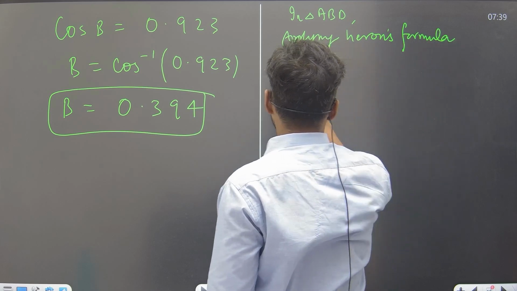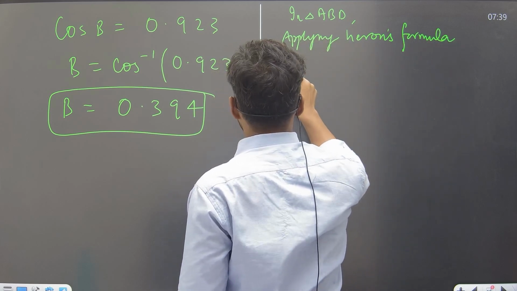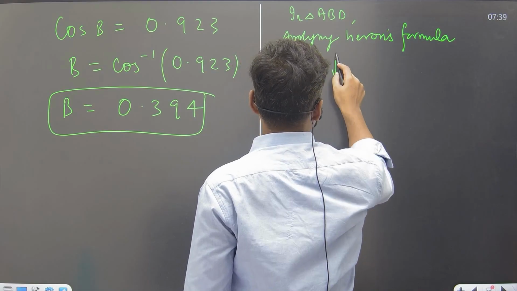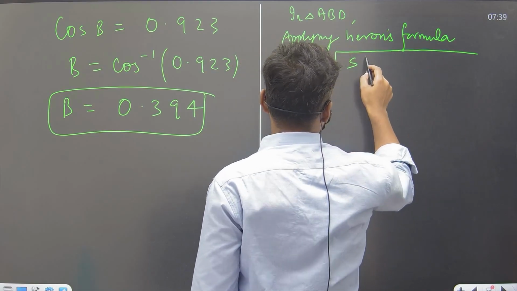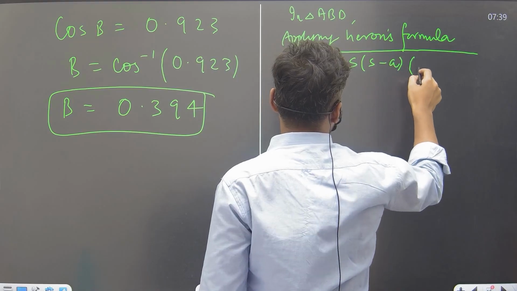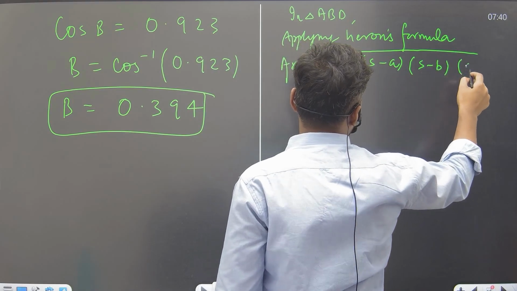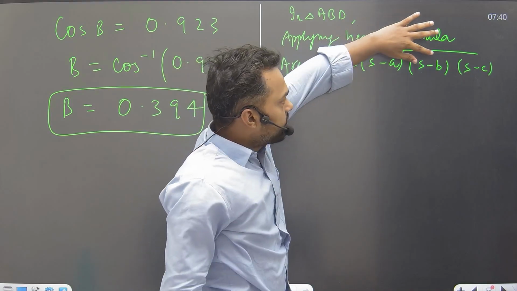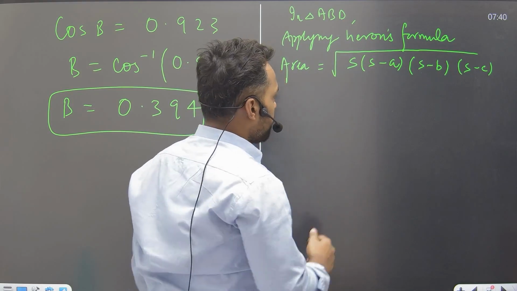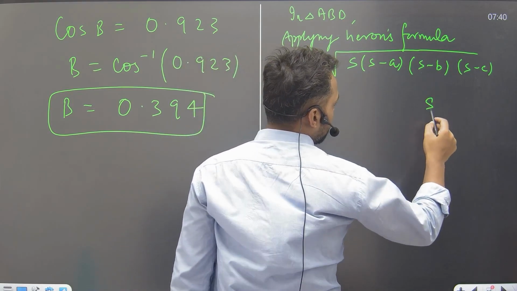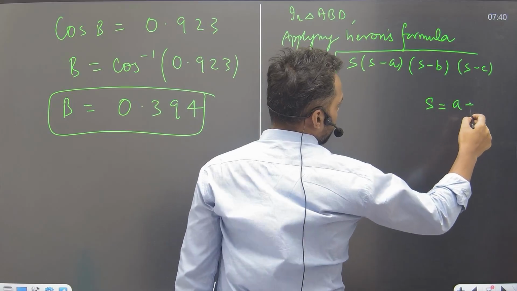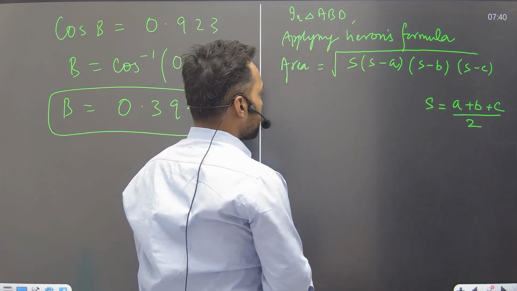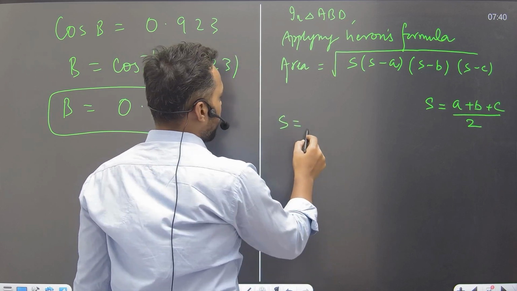Who don't know what is Hero's formula, it is usually used to calculate the area of a triangle where side measurements are known. It is given by this particular formula, that is under root of s minus a, s minus b, s minus c. What is s? S is, students, the semi perimeter of a triangle, that is a plus b plus c by 2.